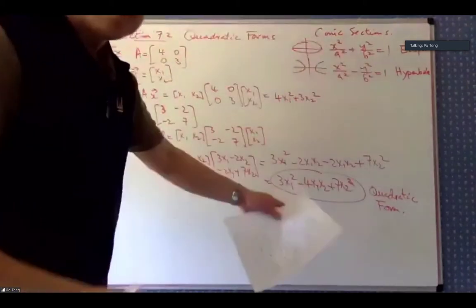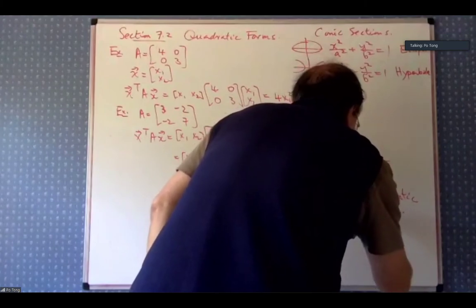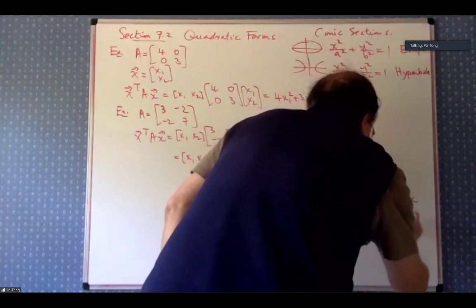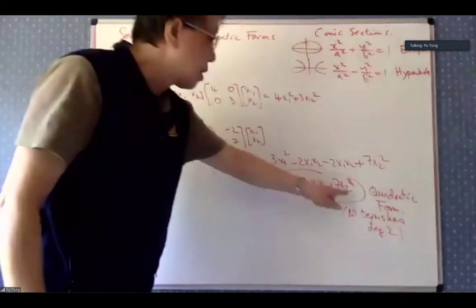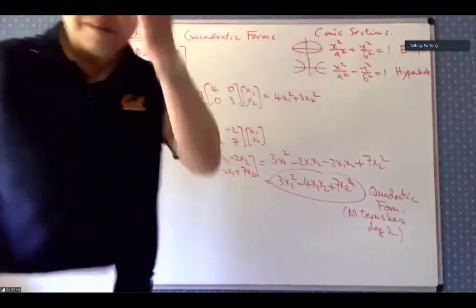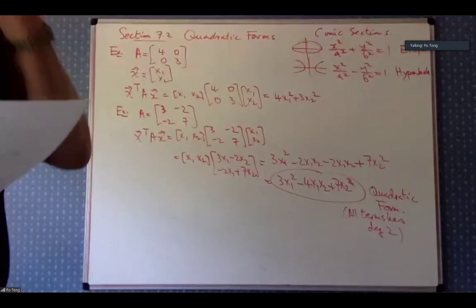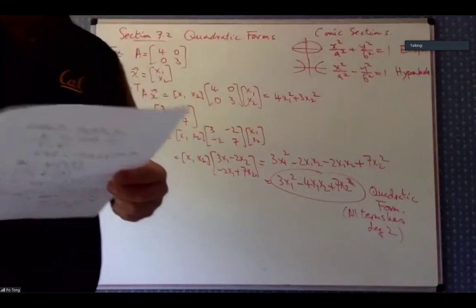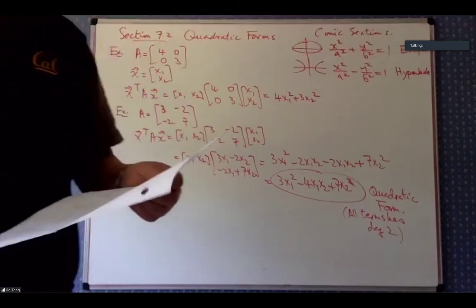So all terms have degree 2: x1 squared, x2 squared, x1 x2. That is called a quadratic form. Okay.